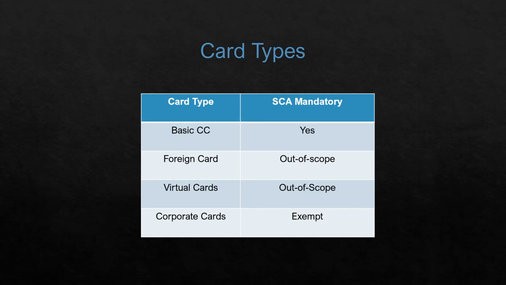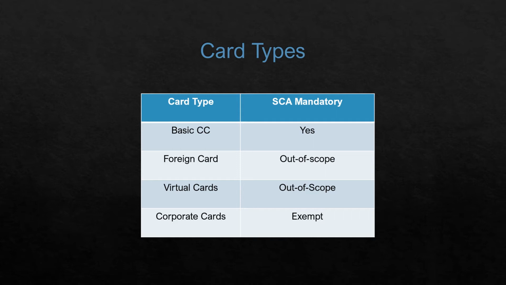So when a transaction is done, the merchant says that yes, it is our card. The amount will be deducted from the corporate account, and we don't need the card holder to authenticate and pass through SCA, because the merchant is accepting that it's our card and we are allowing them to do the transaction.